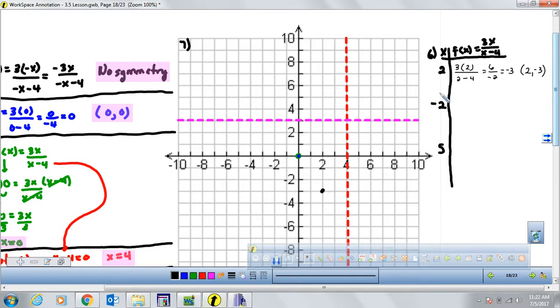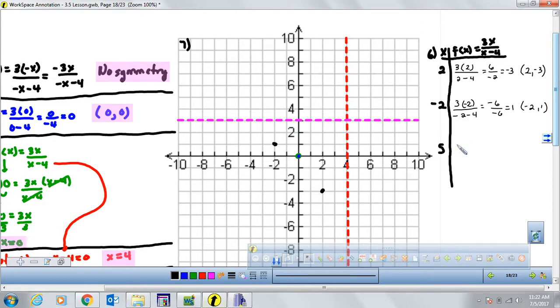The next one, at -2: 3 times -2, divided by -2 minus 4. That's going to be -6 divided by -6, so that's going to give me a 1. So this point is -2 comma 1. So -2 comma 1, it is right here.